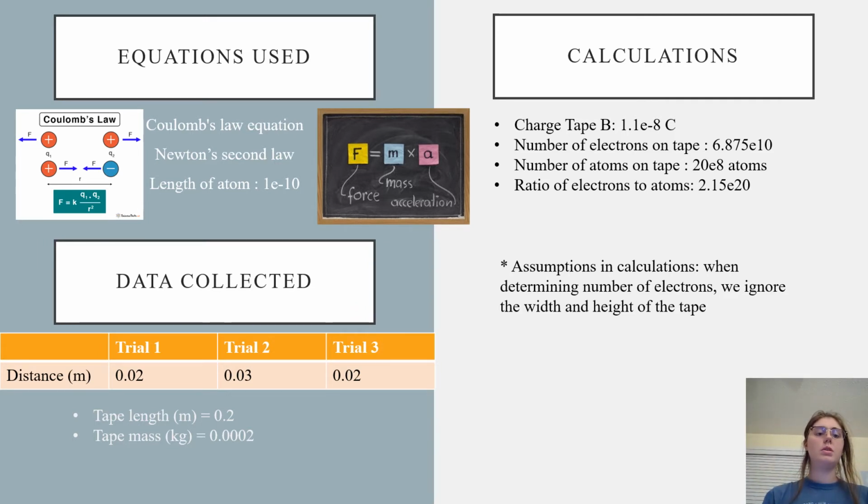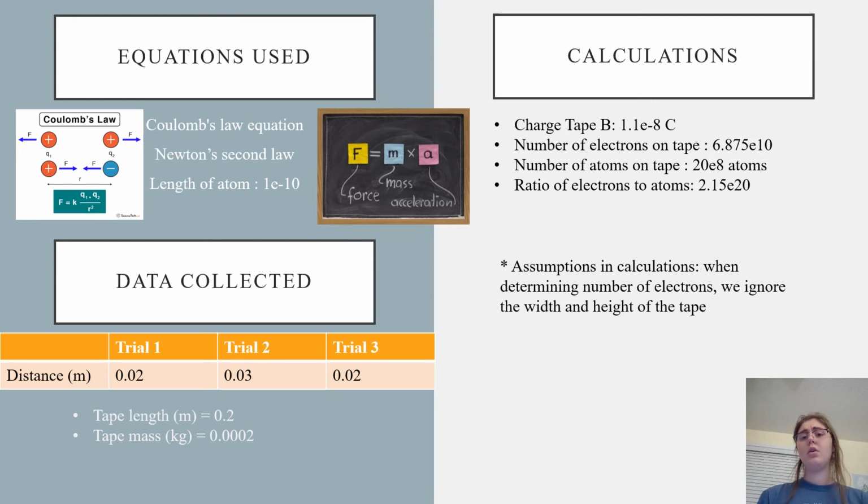We will be taking Coulomb's law and the electric force and setting it equal to our mass and acceleration, which is just going to be our force of gravity on tape B. When you do that, you can take the data collected from our average distances as well as the tape length and tape mass, and using those values along with the force of gravity, you will isolate the Q in Coulomb's law, which will leave you with a charge on the tape of 1.1 times 10 to the negative 8th.